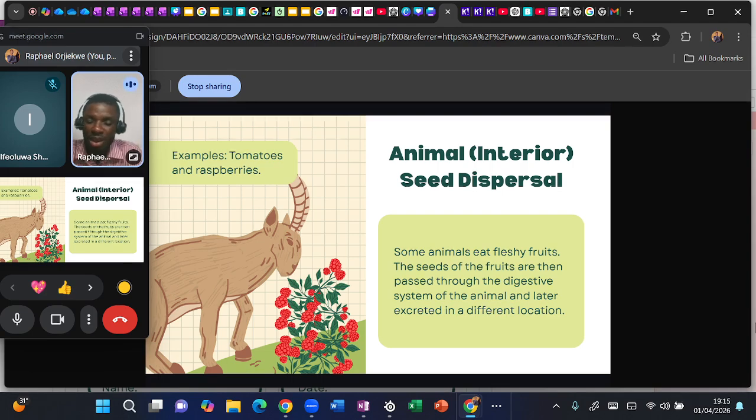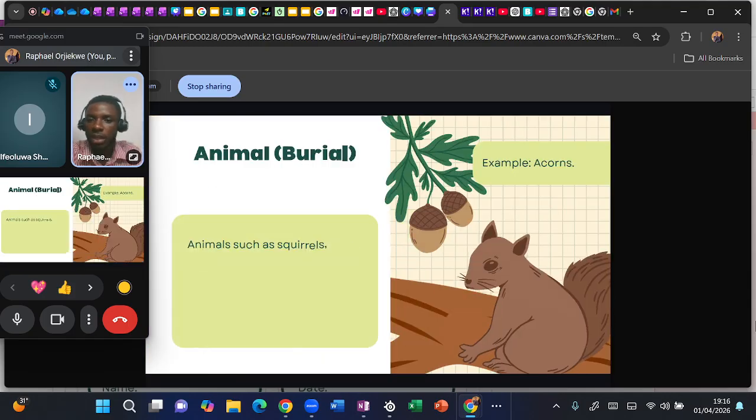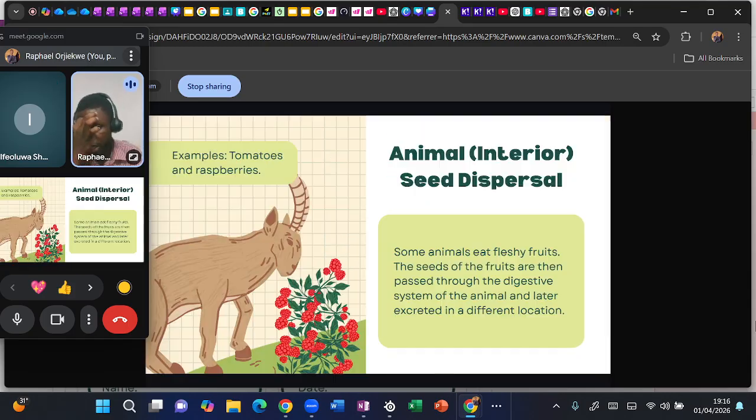If the animal did not go so far, it's likely that it's going to grow in that same area, or just in a different spot within that same area. So that's for animal interior. We have tomatoes, raspberries. There are other examples. All right. Any questions on animal interior?